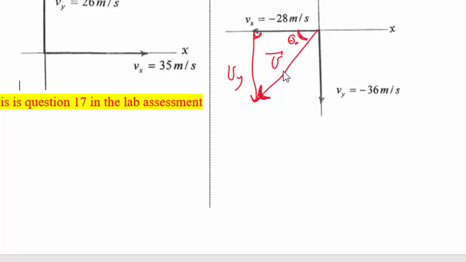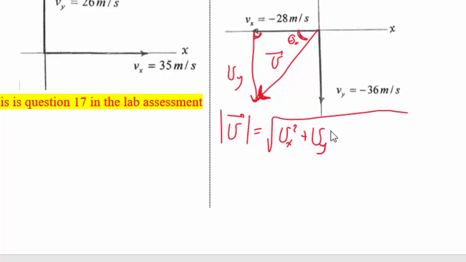Since v, the resultant vector, is the hypotenuse, its square is equal to the square of the adjacent plus the square of the opposite. So we can set it now that the magnitude of v, and we represent the magnitude by absolute value, is equal to the square root of vx squared plus vy squared.